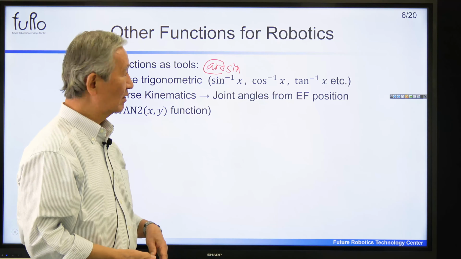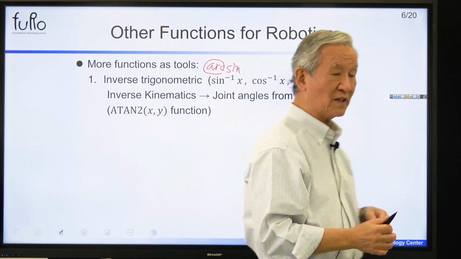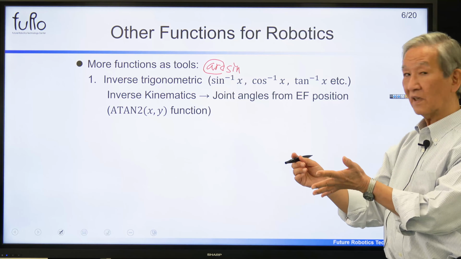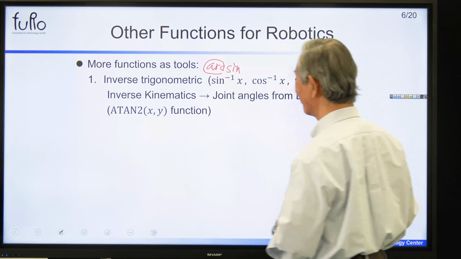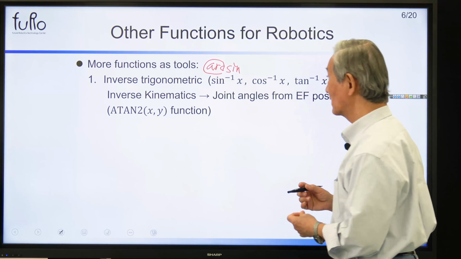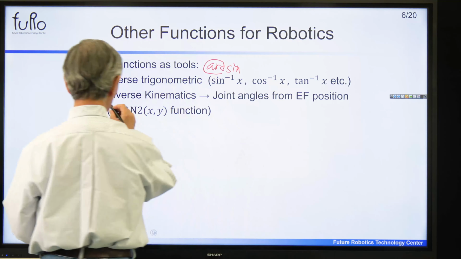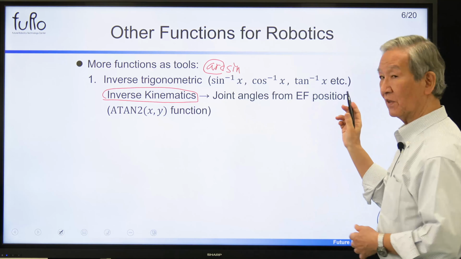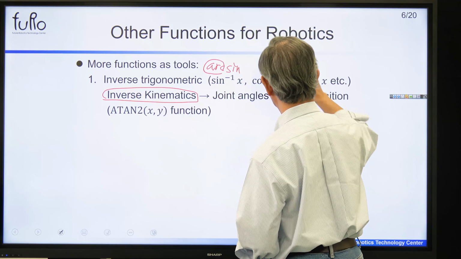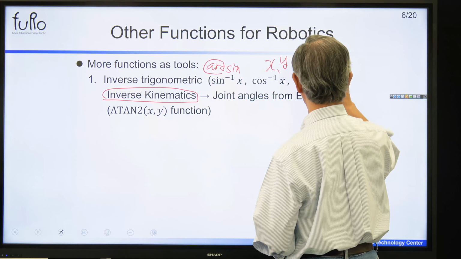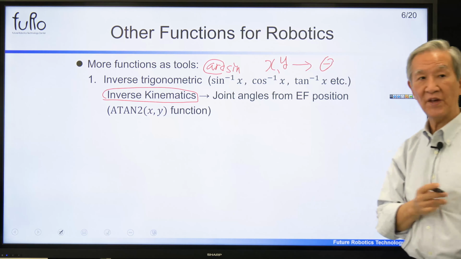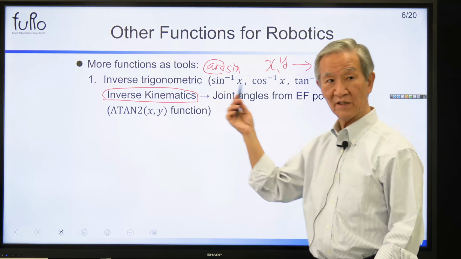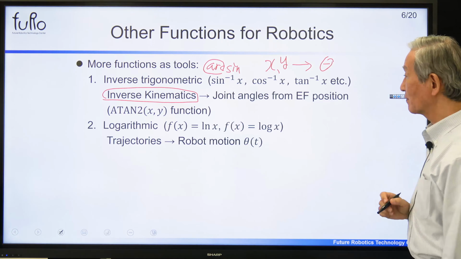What it amounts to is that those are the ones we use to go from sines and cosines to the angle theta. So, where is this one used? This one is used in inverse kinematics: joint angles from end effector position. You are given x and y, and from that, you compute theta. So it's the other way around. That's why the minus 1 is sitting here. That's why it is called arc sine, arc cosine, and so on.